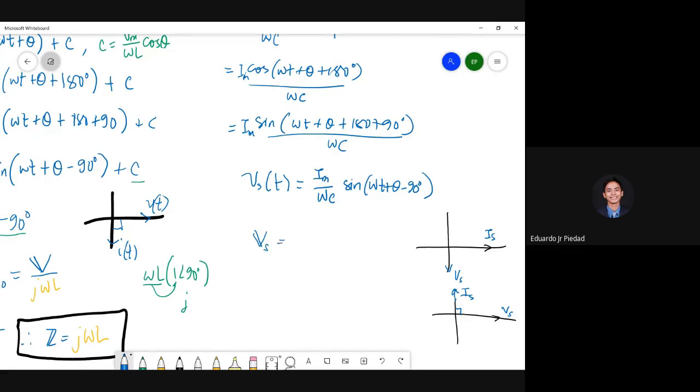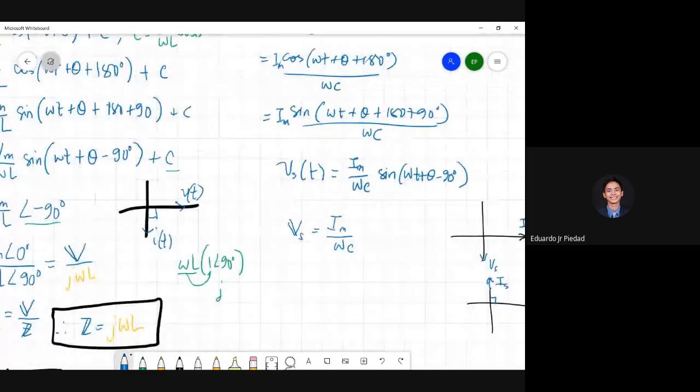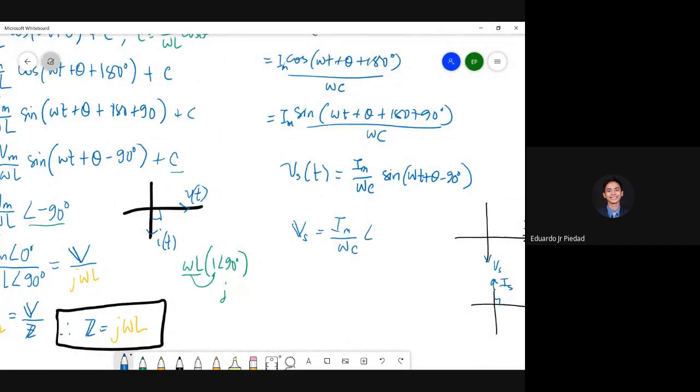Vs is equal to Im, just amplitude first, divided by Wc. I think I made a mistake somewhere. Yeah, that's right. It's okay. And then angle negative 90 degrees. And you can see that to make them similar, that's magnitude first: Im angle 0, then Wc angle 90 degrees.